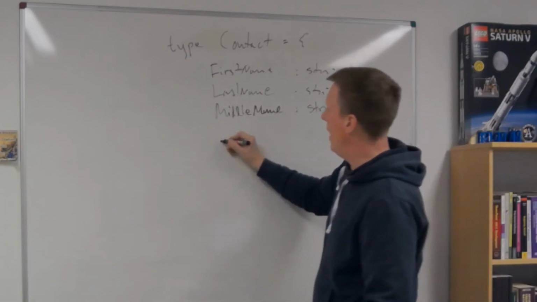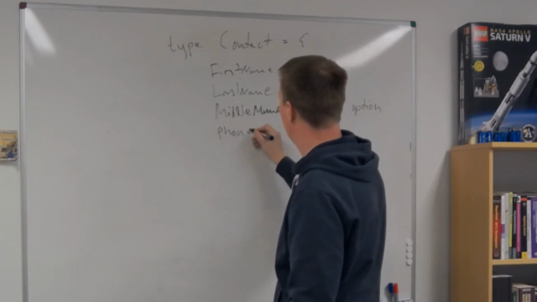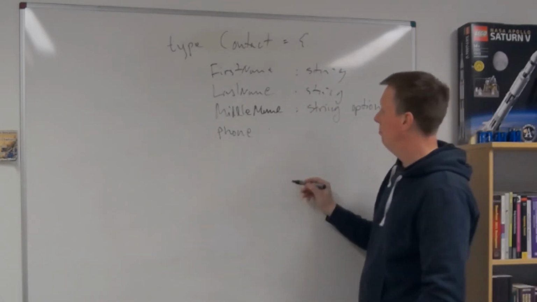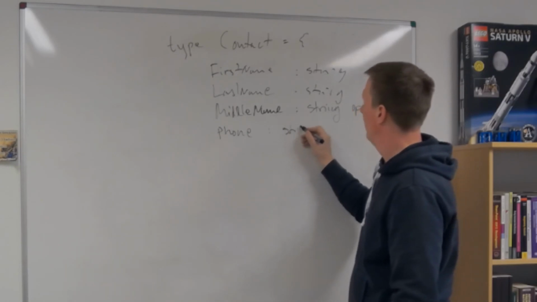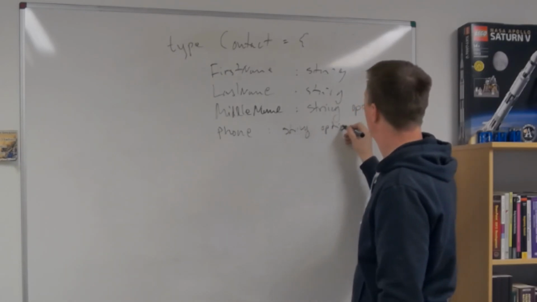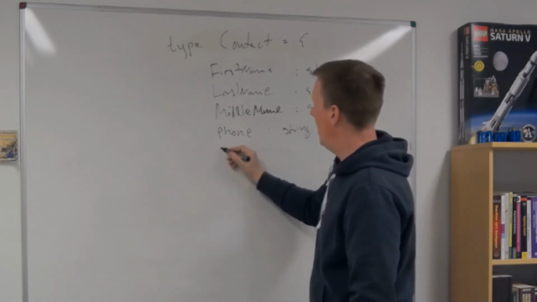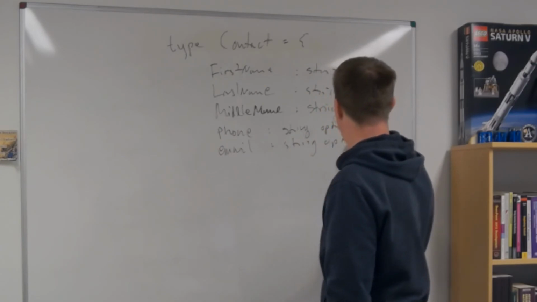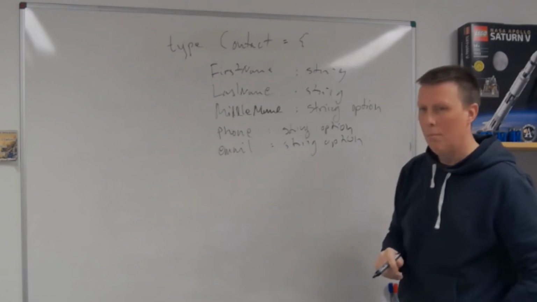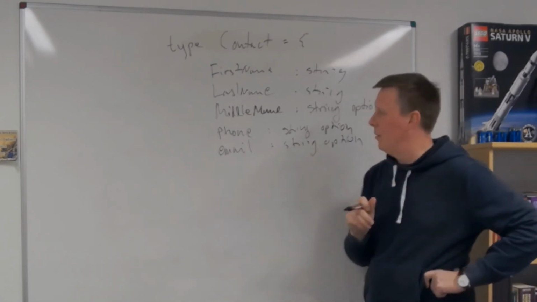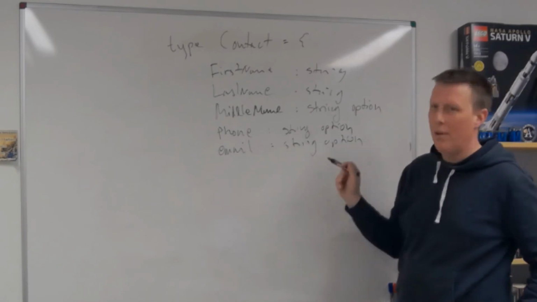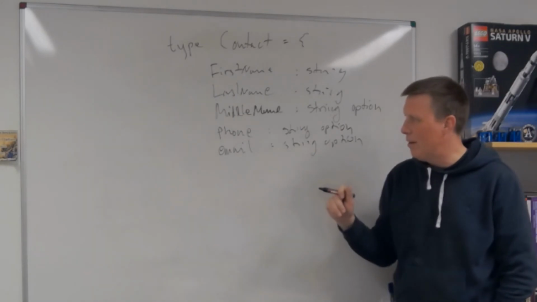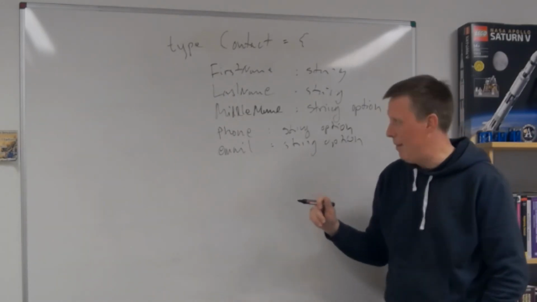So how about the contact? We had a phone. Is it mandatory to have a phone? Well, maybe not. Maybe we make it optional. Email, string option. But what now? If this is some contact form, you would probably like to say, well, you need to have either a phone number or an email, or you can have both.